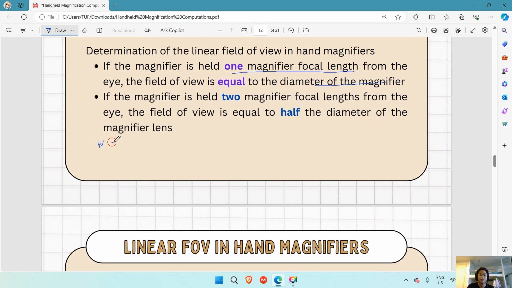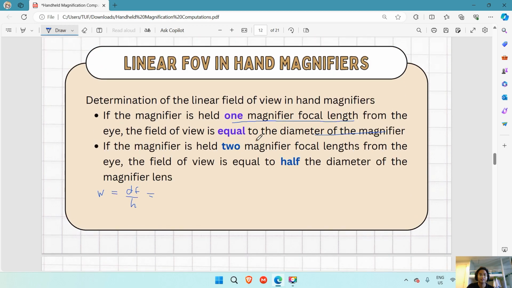So you can say W is D times F over H. Let's say our diameter is 3, our focal length is 1, and our distance is also 1. So our width for this is 3. Put centimeters as the unit.